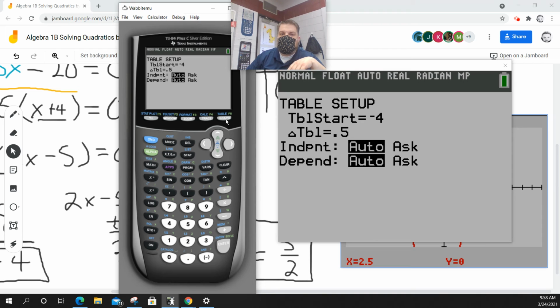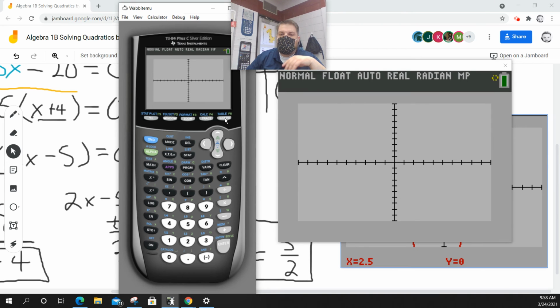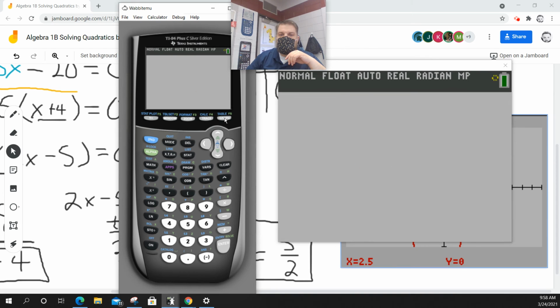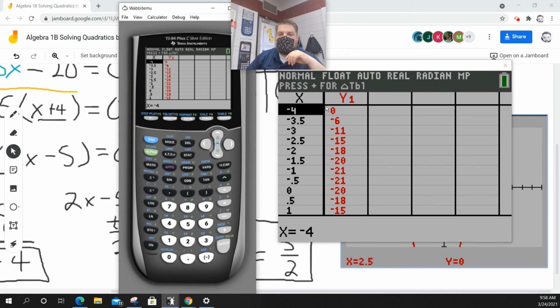So now if I do it this way, when I look at the table, I see that negative 4 is equal to 0. So let me take a screenshot of that.